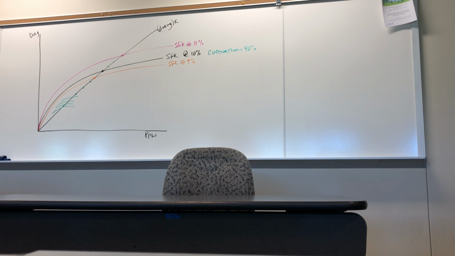So we have kind of simultaneously obtained information without even knowing it, I guess. So where should we pick? Solow answers that question with what is called the golden rule.